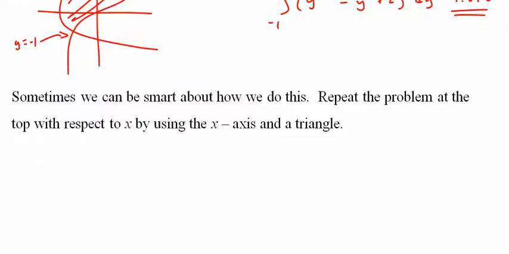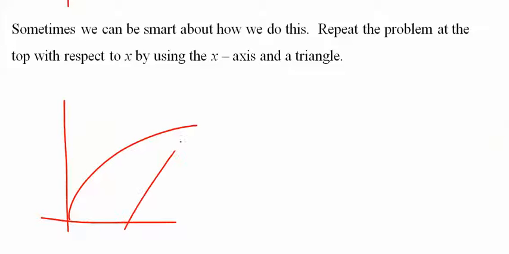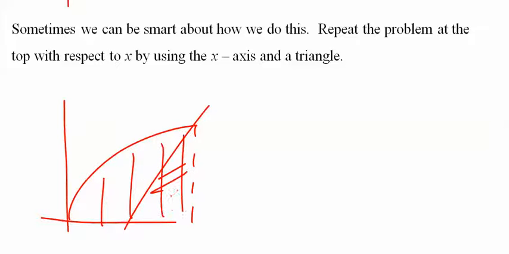Last thing, sometimes be real smart about how we do this. The problem we did at the top was the square root and x minus 2. How about we do this? How about we say all of the area minus this area? So we get the integral, and we'll do it with respect to x, of root x dx minus, and this we could do an integral if we want, but I mean, it's just a triangle from 2 to 4 up to 2.